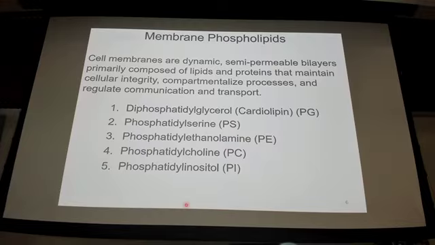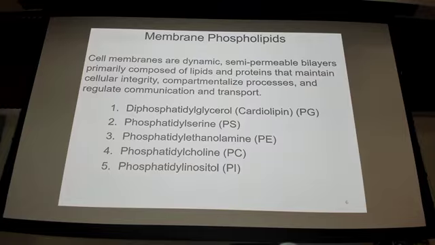So here are some of the most common membrane phospholipids. All of our cell membranes are composed of many of these membrane phospholipids to varying degrees. We have cardiolipin, PG, or diphosphatidylglycerol, excuse me. And you have phosphatidylserine, PS, phosphatidylethanolamine, PE, phosphatidylcholine, PC, and phosphatidylinositol, PI.